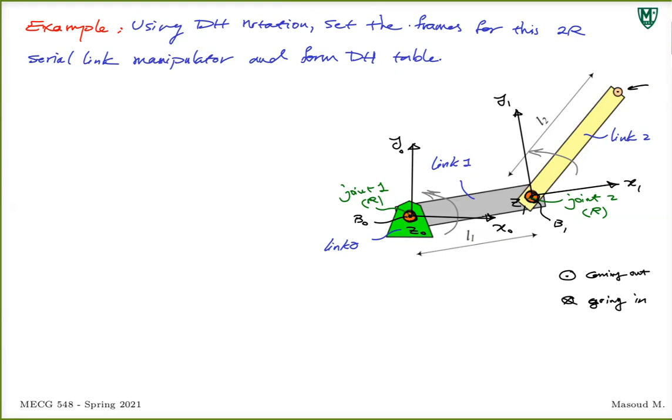So let's say the final joint is also a revolute joint. That is determined by what you want to attach to this arm, what kind of gripper, what kind of end effector.